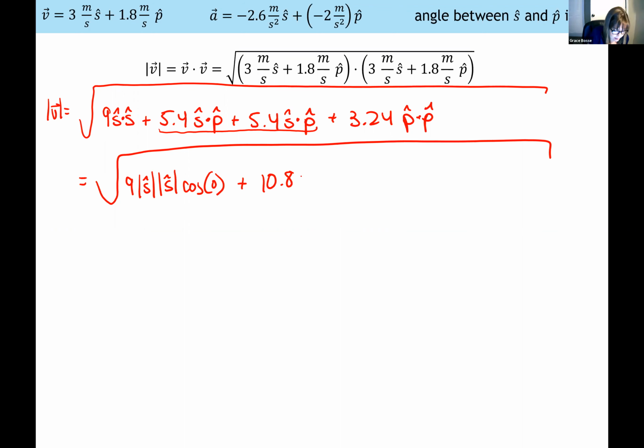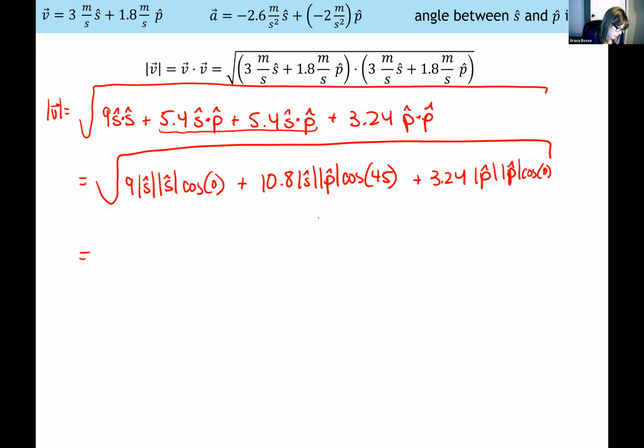S hat dot p hat, so that's the norm of s hat times the norm of p hat times the cosine of the angle between them, which is, again, for this problem, 45 degrees. And now my last term, 3.24 p hat dot p hat, so that's norm of p hat times norm of p hat times the cosine of the angle between those two things, the vector with itself, so the angle is 0.